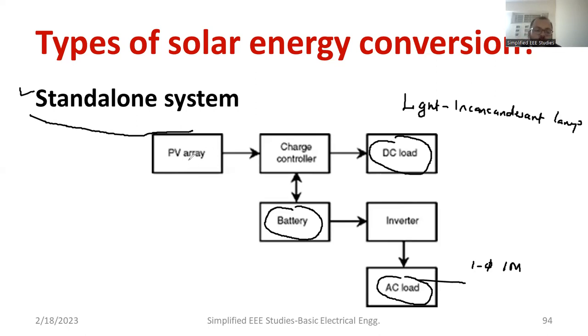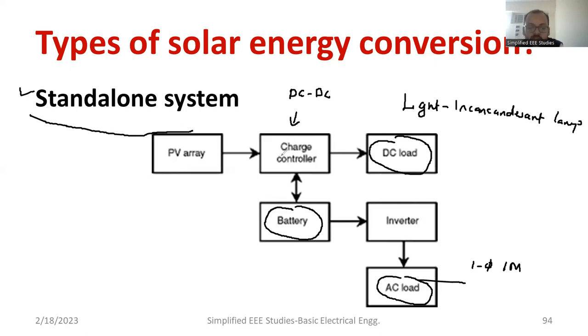Next, the output of the PV array is connected to the charge controller. Usually DC to DC converters are used as a charge controller. There are different purposes for the charge controller. The main purpose is to convert the unregulated DC power supply to a regulated DC power supply.